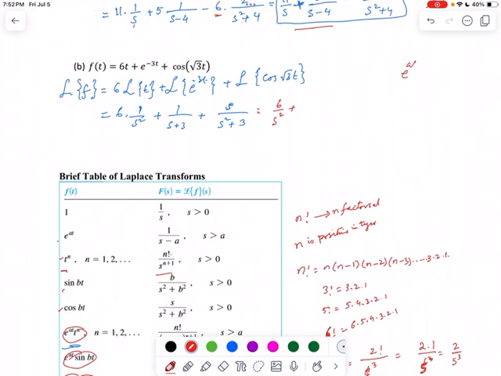Remember we said if it's e to the at, then the Laplace transform will be 1 over s minus a. So for e to the negative 3t, a is negative 3, so it will be 1 over s minus negative 3, or s plus 3. So that is what I have here.